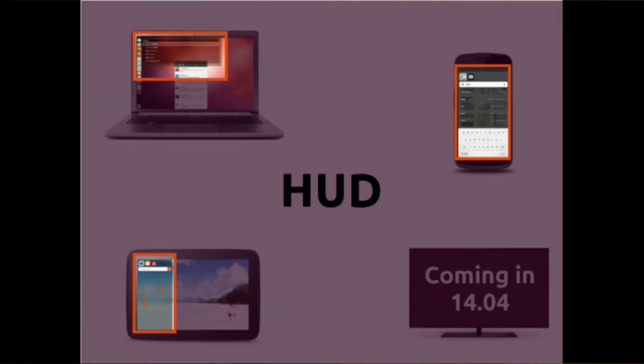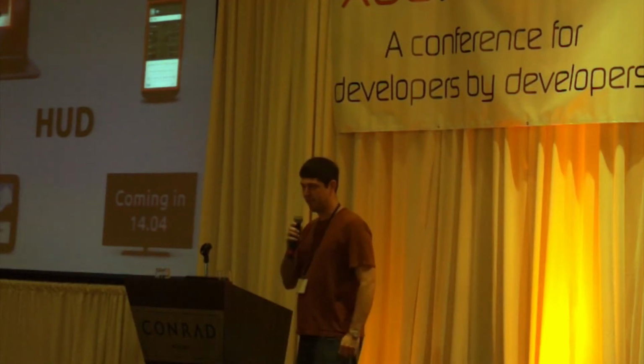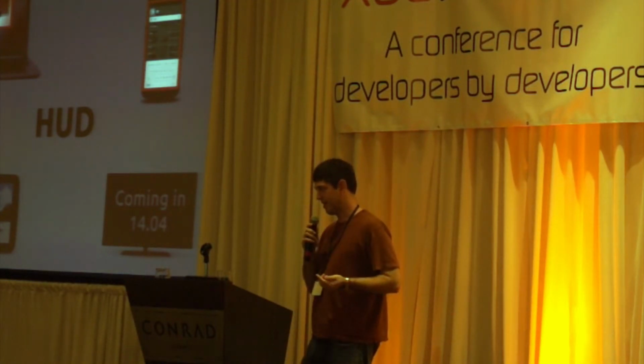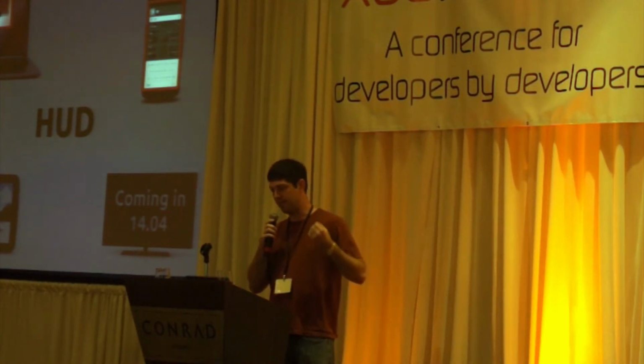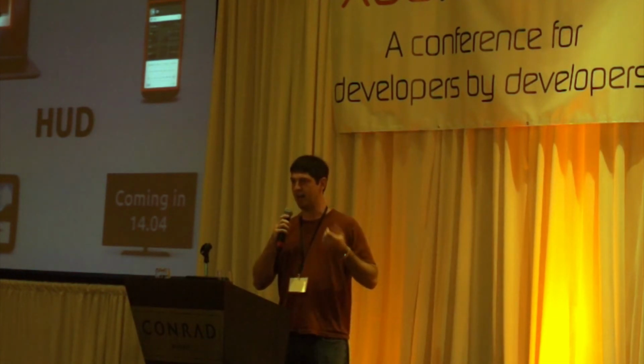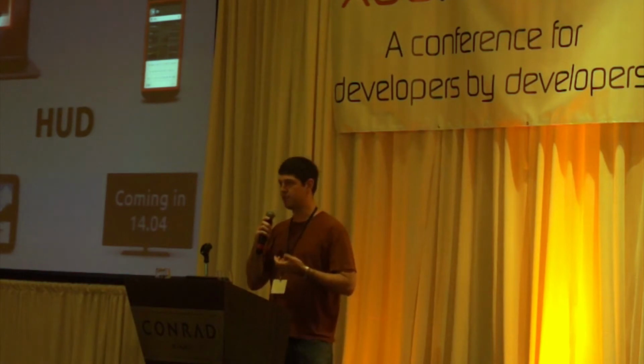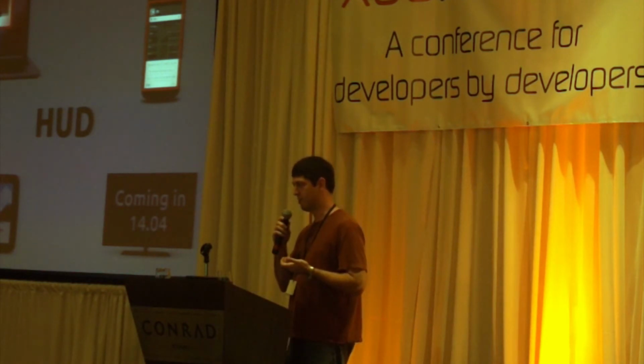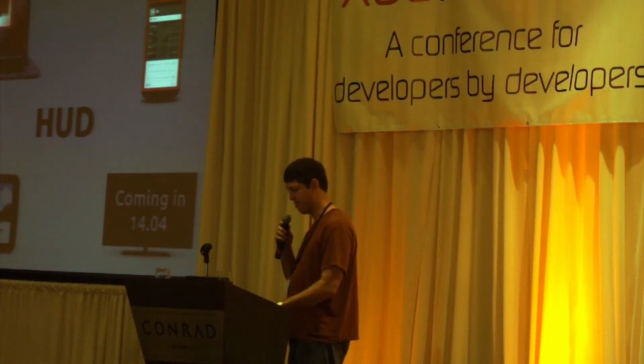And again, we've implemented the same thing in the phone and in the tablet using the same interface. And we're actually extending that now going forward to where instead of just menu actions, you'll be able to inject text fields or sliders, different actual controls into the HUD that you can use from your app.